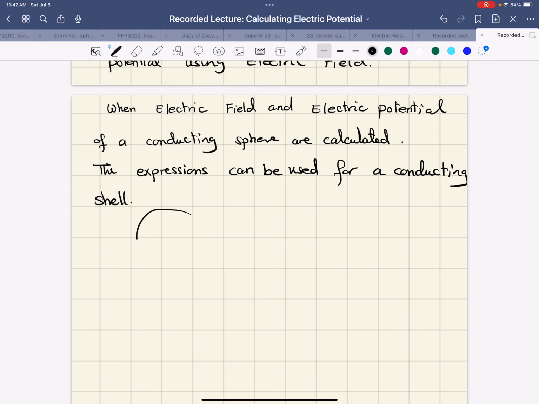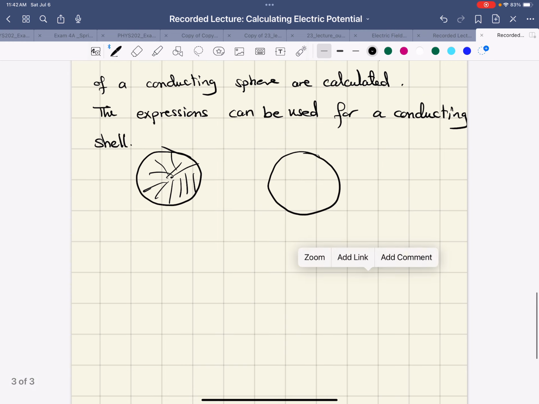What's the sphere? The sphere is when you have all this material filled in. When it is a shell, it's just the outer sphere, like a volleyball or a basketball. Then the expressions for both are the same.